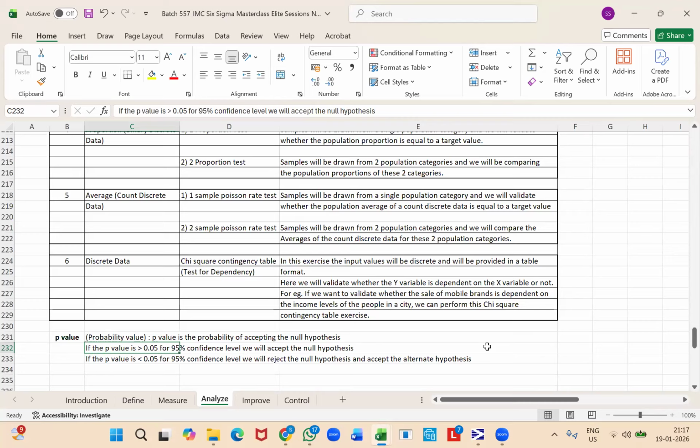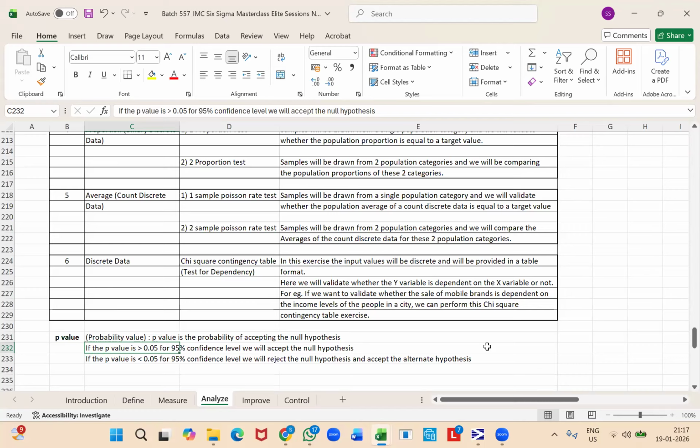So 0.05 as a criteria for p-value will hold good only when we have the confidence level as 95%. But since I had mentioned that the default confidence level that would be considered in a hypothesis testing scenario will be 95%, for majority of the case scenarios, we will apply the criteria for p-value as 0.05.